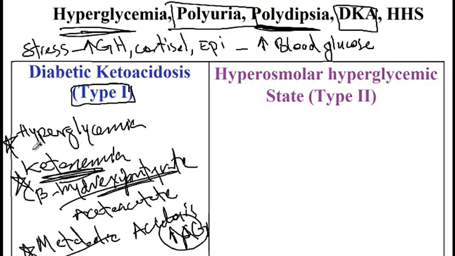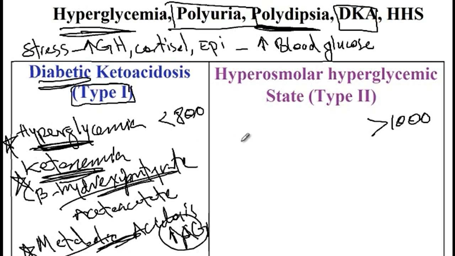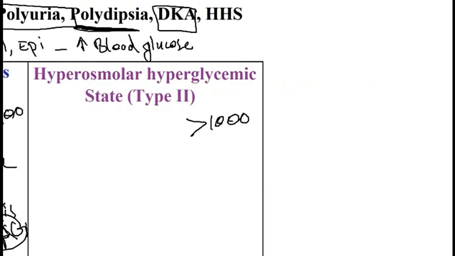In addition, I would like you to note that the hyperglycemia in these patients is usually less than 800, while in patients with hyperosmolar hyperglycemic state, it's usually more than 1000. And then one other factor that you should be familiar with is that in patients with DKA, since they have metabolic acidosis, they would develop Kussmaul respiration.